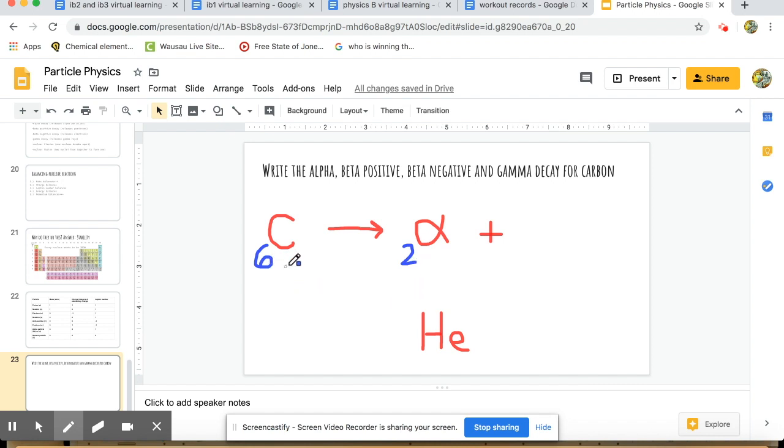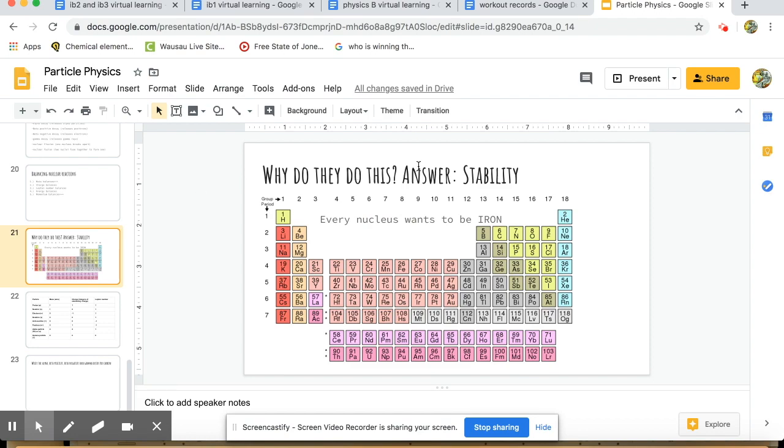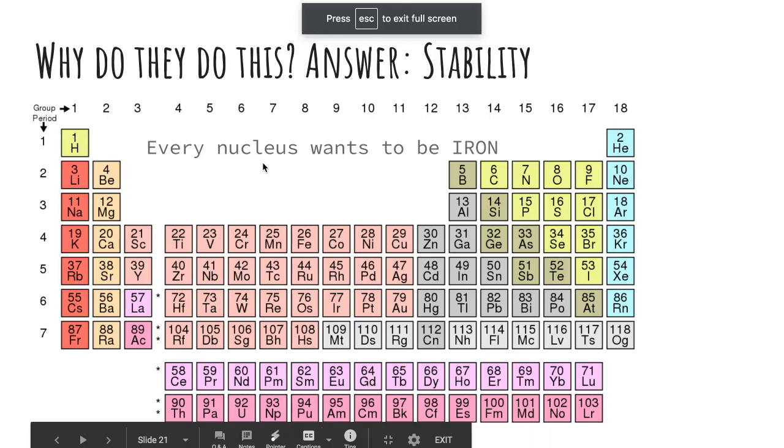Since charge has to be balanced, whatever is left over here has to be a 4. So I'll look at my good old periodic table and see what this says. What element is 4?